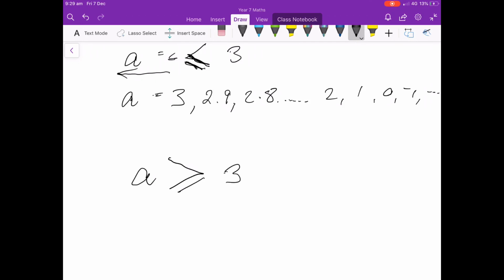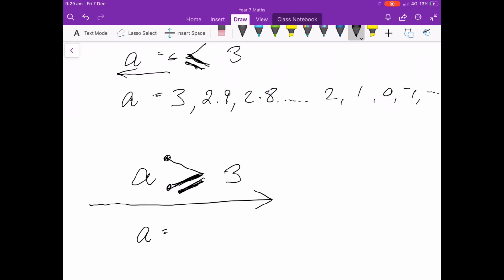So in this case, the fish wants to eat, the bigger end of the symbol wants to eat the A. So if it wants to eat the A, then A must be either greater than 3, which could be anything to the right of 3 on the number line, or it could also be equal to 3 because there's an equal symbol there as well.